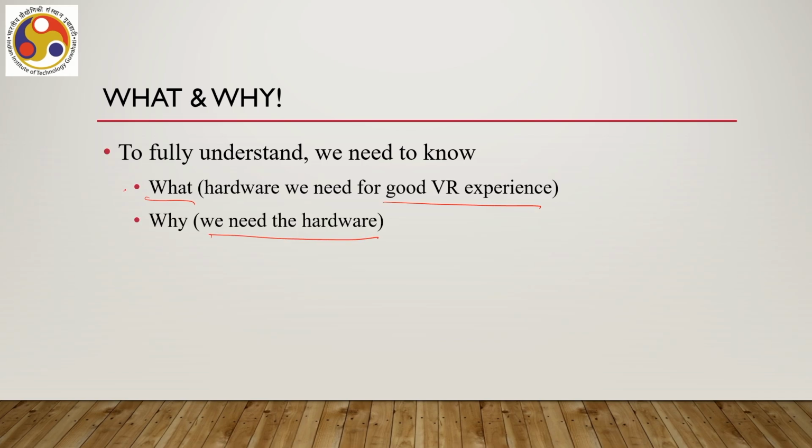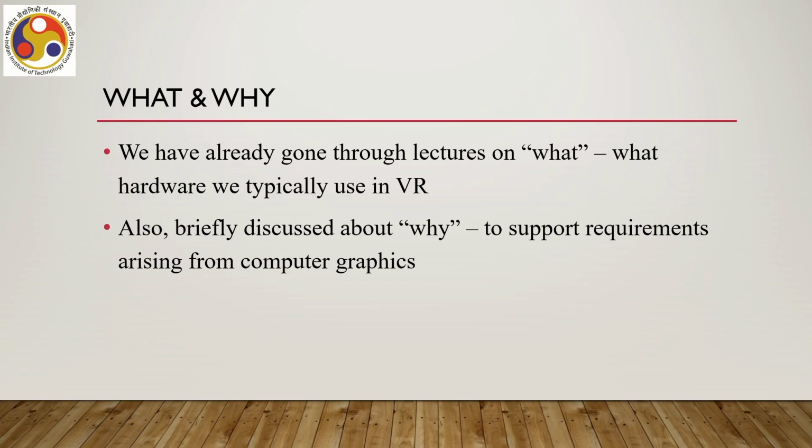So, this what and why are the crucial aspects of understanding the overall optimization approach. We have already gone through the what part in our earlier lectures, that is what hardware we typically use in VR. You may refer to the relevant lecture which we have covered in an earlier part of the course.